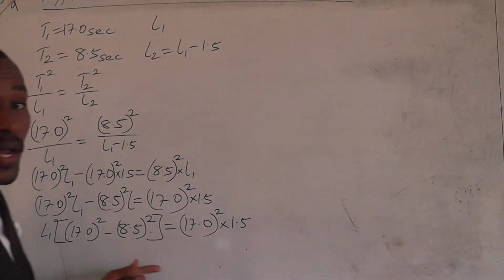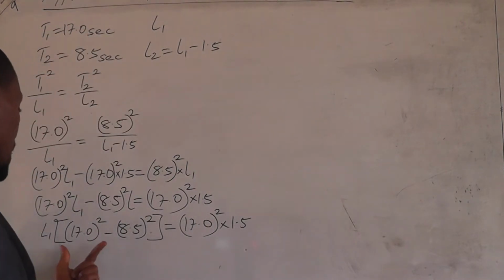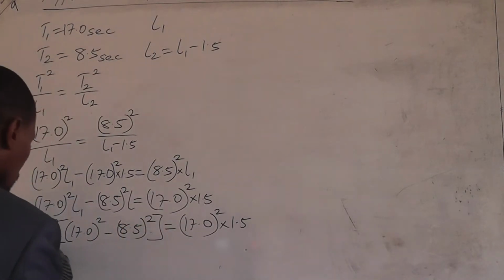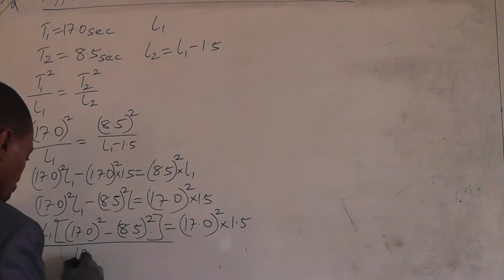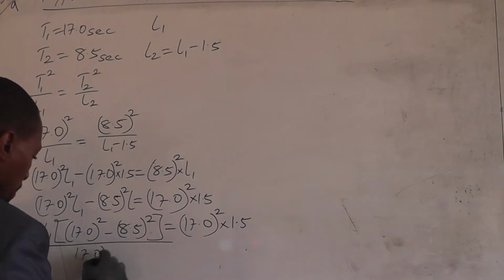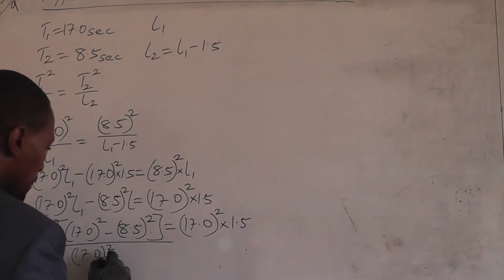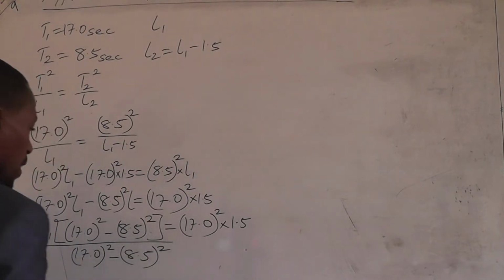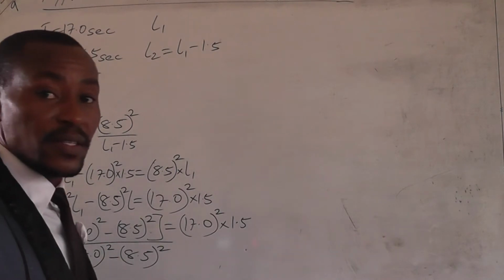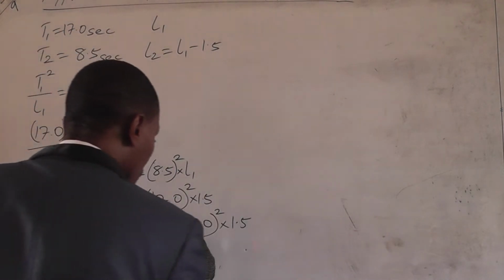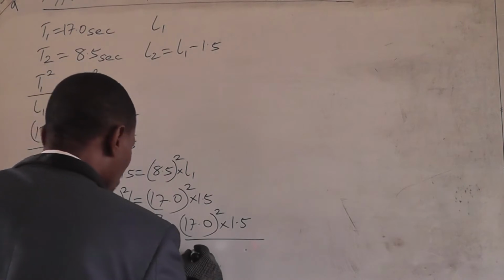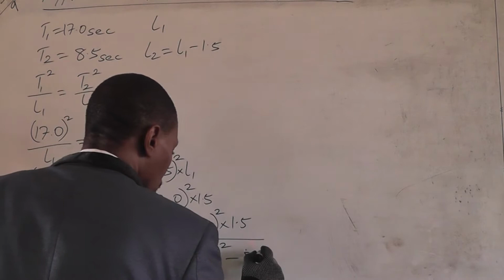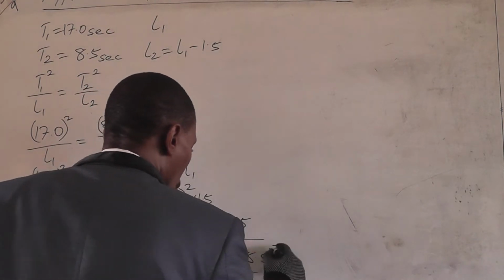Because I need L1, I'll need to divide both sides by 17.0 all square minus 8.5 all square. What I do to the left hand side in mathematics, I need to do to the right hand side. So I have 17.0 all square minus 8.5 all square.